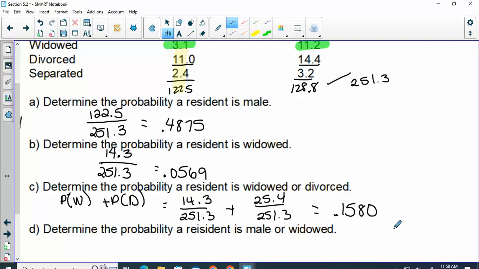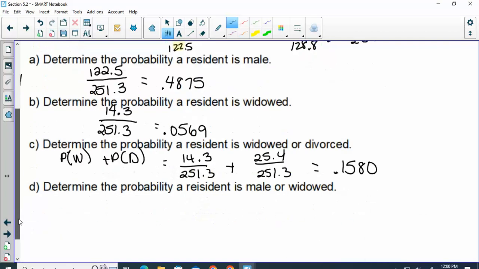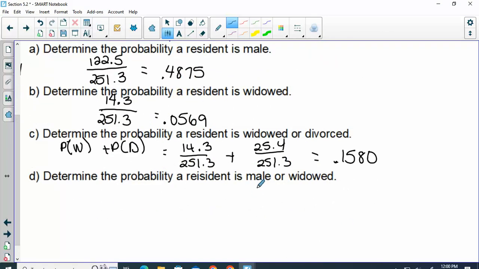Alright, why don't you guys try the next one? You're gonna have to think a little bit more though, because this one isn't actually mutually exclusive. So, could they be both male and widowed? Yeah. Okay, so we have to do the probability of male plus the probability of widowed minus the probability of both. Okay, so probability of being male, there are 122.5.